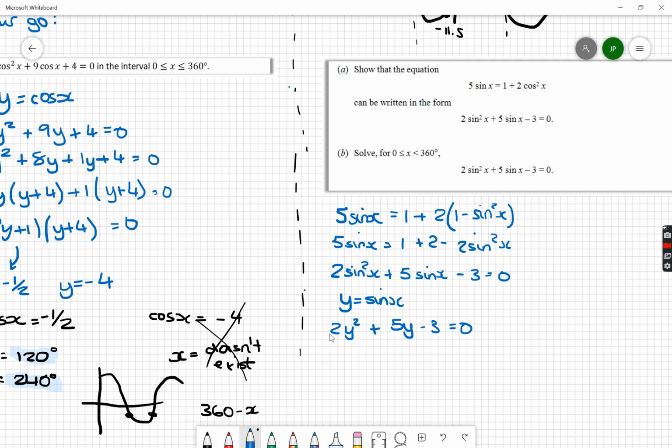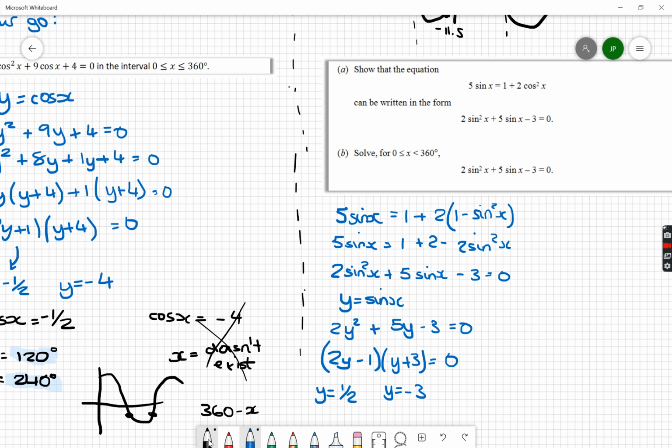Again, I will solve through factorising just because I find it slightly easier. So it's going to be 2y minus 1 and y plus 3 equals 0. So I'm going to have solutions at y equals a half and y equals minus 3.